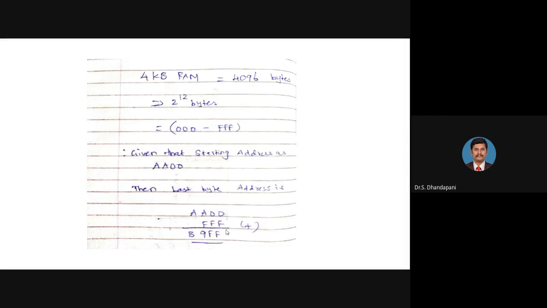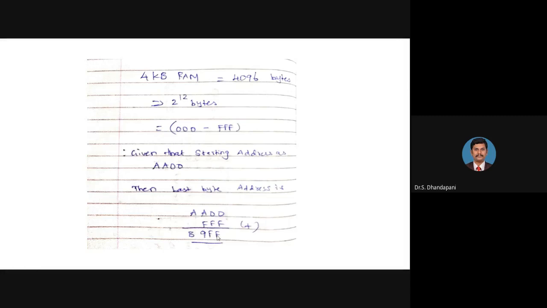For those who are not familiar with hexadecimal addition, please convert the starting address AA00 to either binary or decimal. Similarly, convert 4096 to binary if you want. Perform the addition in whichever number system you are familiar with, and finally convert your answer to hexadecimal. For simplicity, we are doing the addition in hexadecimal directly.